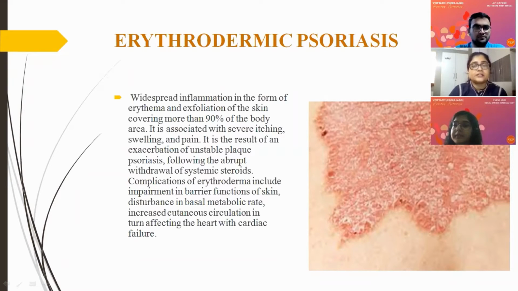Complications of erythroderma include impairment in the barrier function of the skin, disturbance in basal metabolic rate, and increased cutaneous circulation, in turn affecting the heart with cardiac failure. There is much evidence that psoriasis is associated with cardiac events and cardiovascular disease.